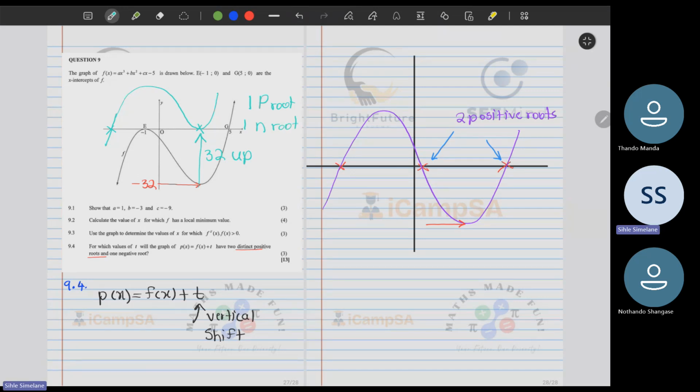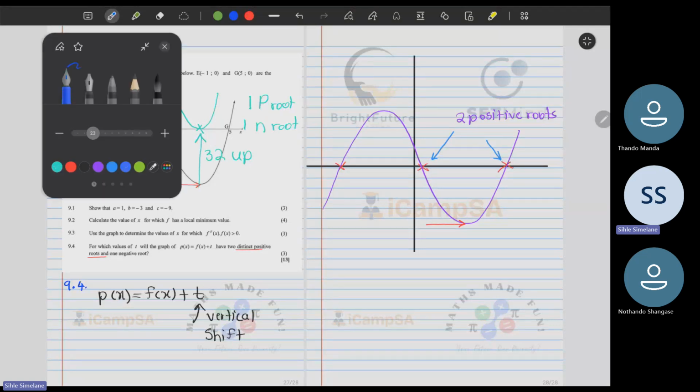You guys understand that reasoning? That if you move it exactly by 32 units up, your turning point will be sitting there. Then you'll have one positive root and one negative root. Are we following? So it means when we move this thing up, the t value should not be more than 32.